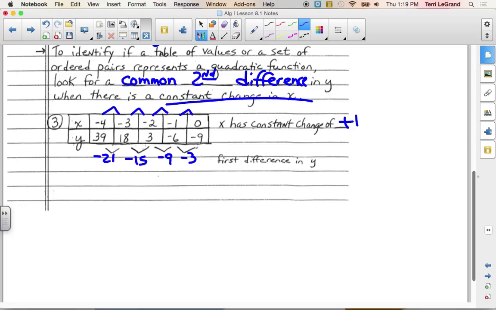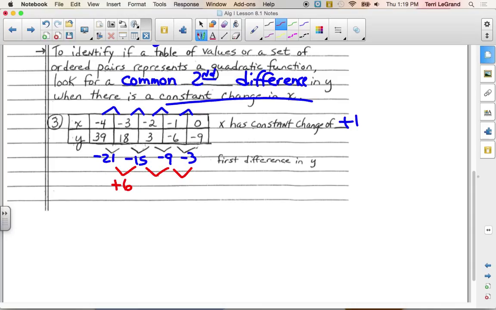So now we say, okay, it's not linear. I'm a more advanced student now. I have to move on. I don't get to say this is not linear. Now I'm going to check to see if it is quadratic. So we get from negative 21 to negative 15. Careful. Add 6. Now we're going up. It's 21 below, it went up to 15 below.